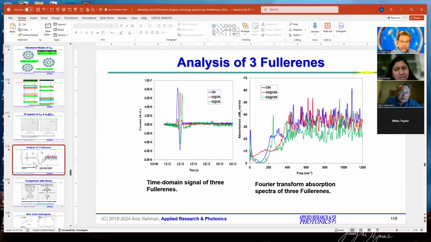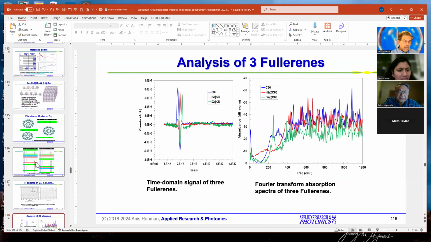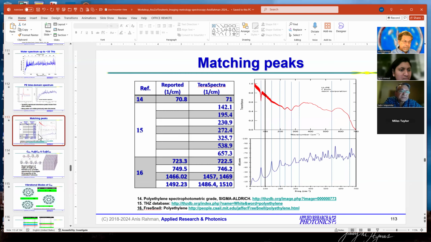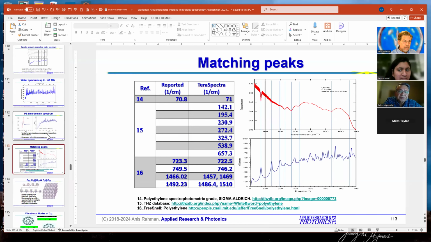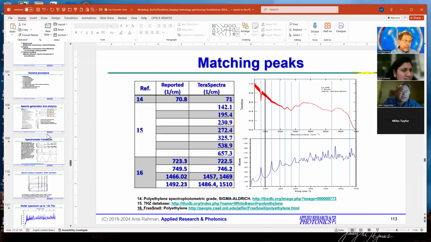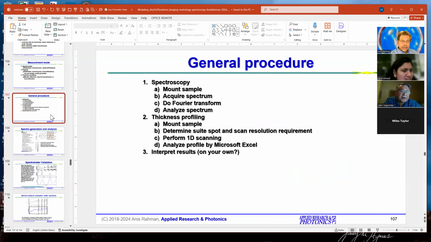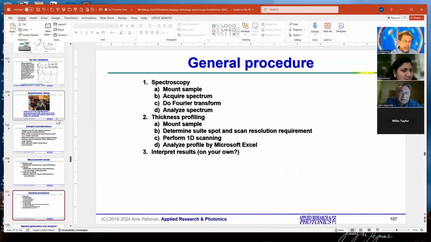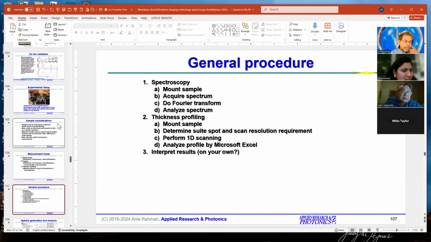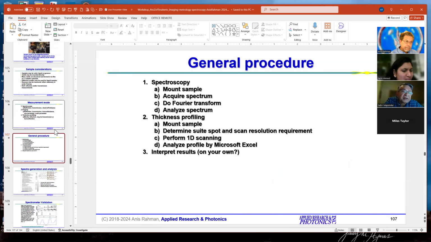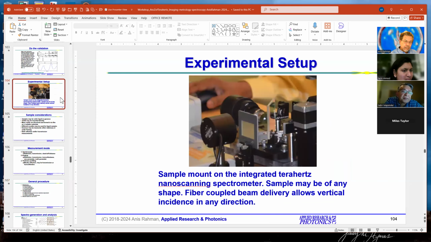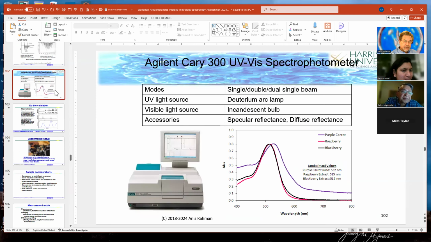The three fruits had different colors, so absorbances were different. I believe this one. These are fullerene, not fruits. Go slowly down. A little bit up. No, further up. Yeah, here, I think so.